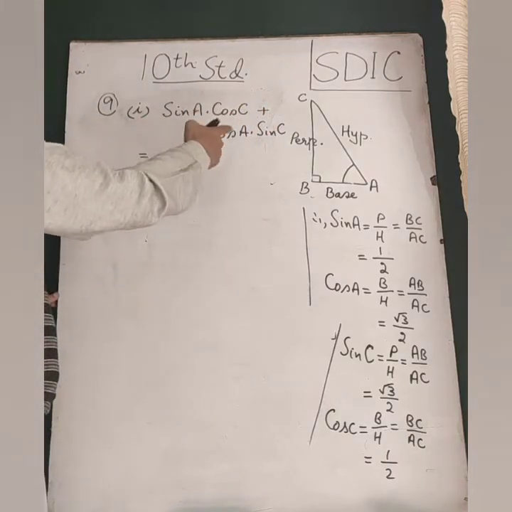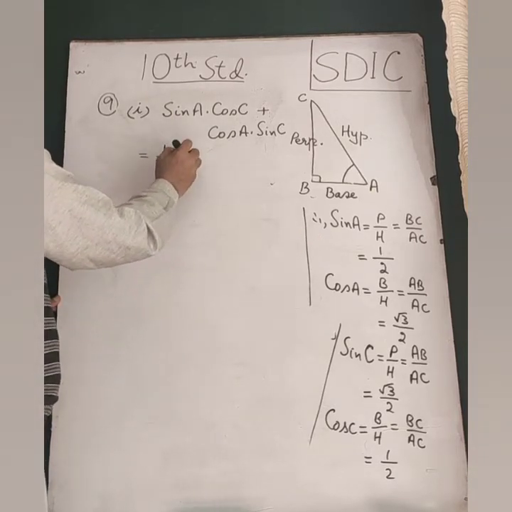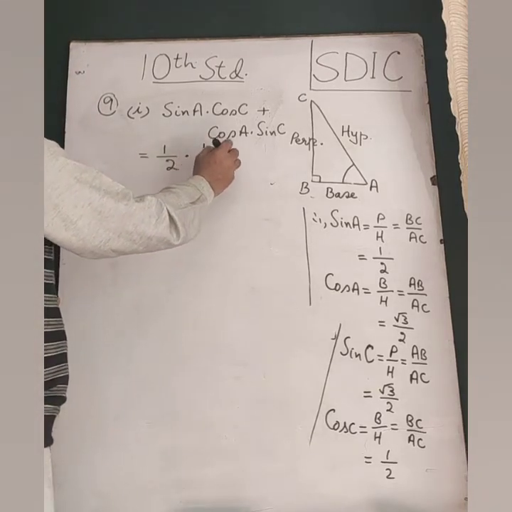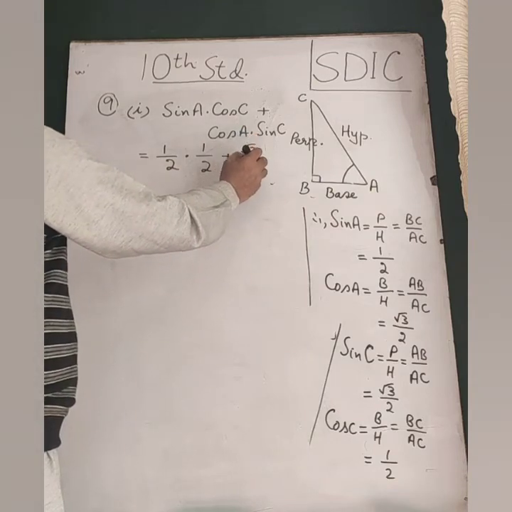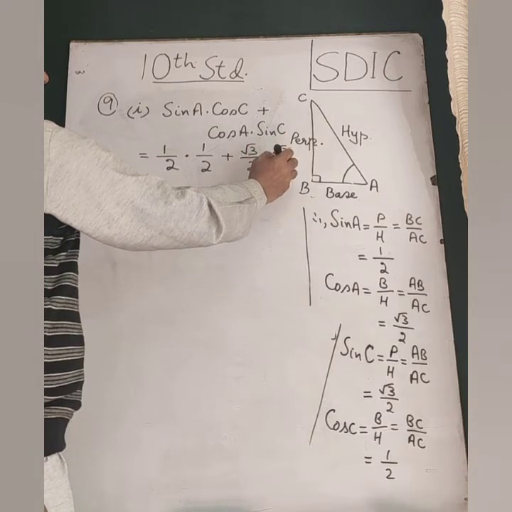Put the values. You have already found those values. Sine A is 1 by 2 multiplied by cos C is also 1 by 2, then plus cos A is under root 3 by 2 multiplied by sine C also is under root 3 by 2.